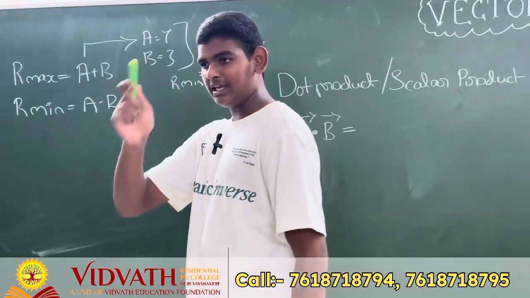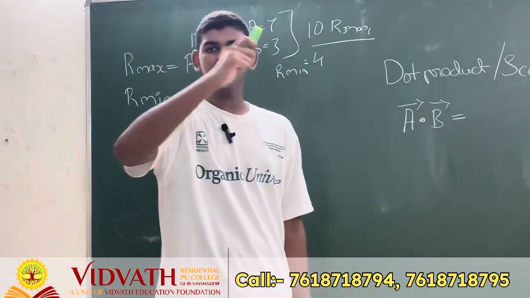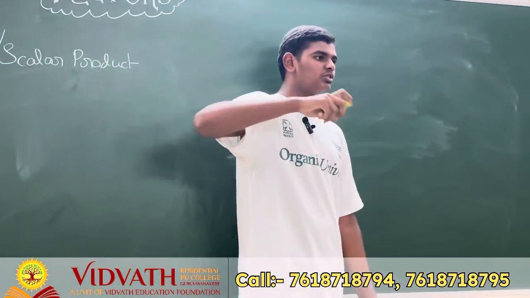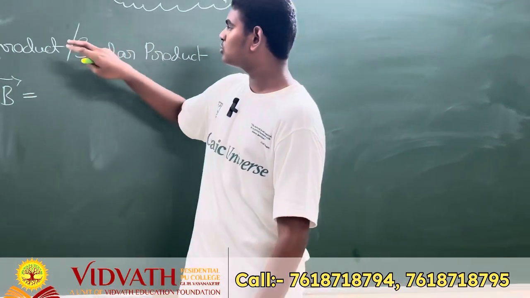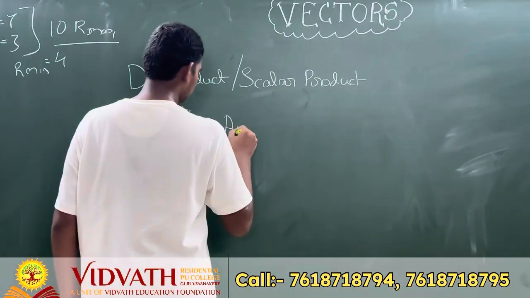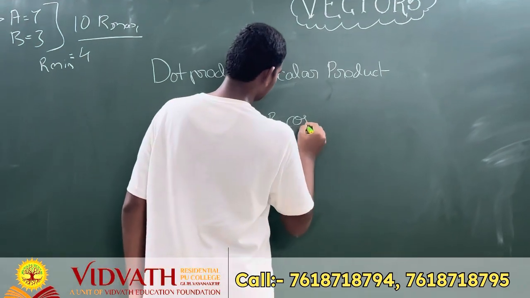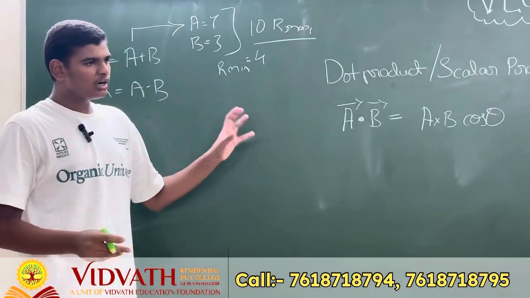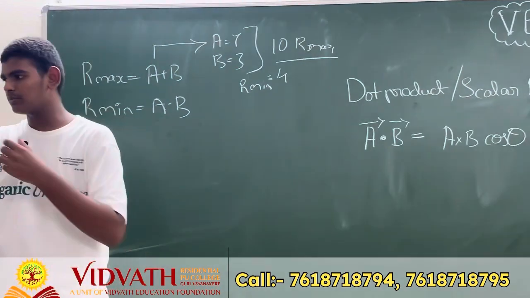A dot B equals A B cos theta. Sin theta comes in the vector product, also known as cross product. But when it comes to dot product or scalar product, it is A into B cos theta. With this done, we have found one of the most fundamental things, the dot product.